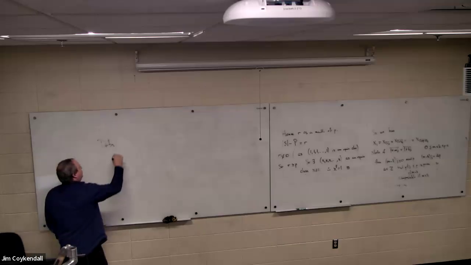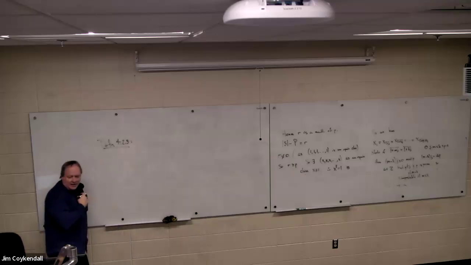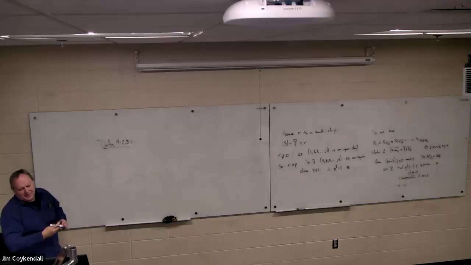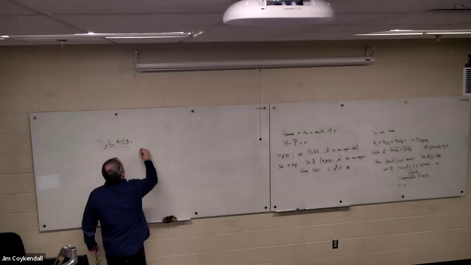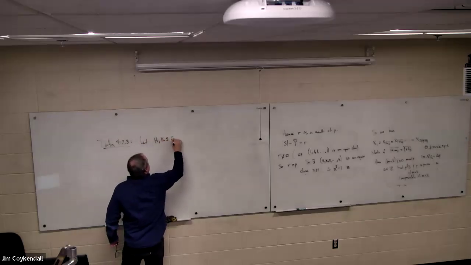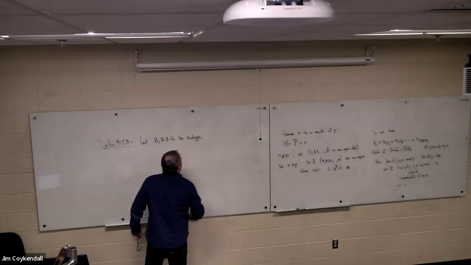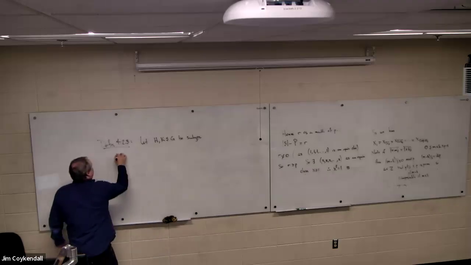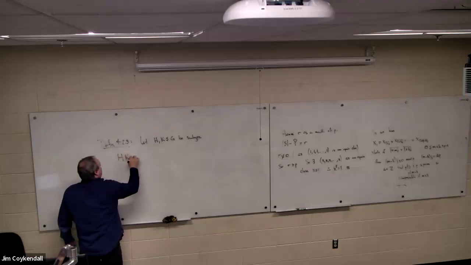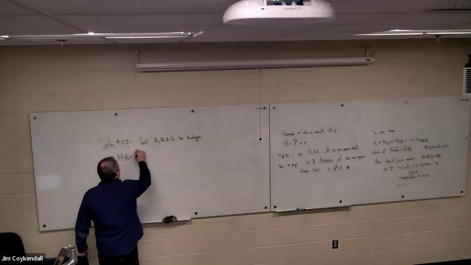Let me give you the following definition. This is kind of a definition and notation thing. Let H and K be subgroups of G. Here's the definition part. When you see this notation here, HK, what do I mean by this?